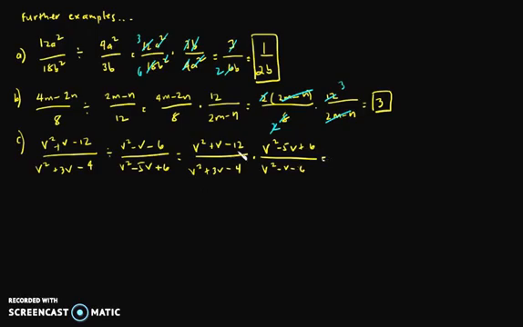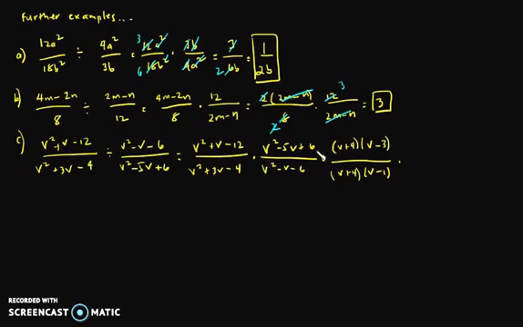Let's start with this numerator. Factors of negative 12 that add to positive 1 are 4 and negative 3, so b plus 4, b minus 3. For the denominator, negative 4 that adds to 3 is 4 and negative 1.